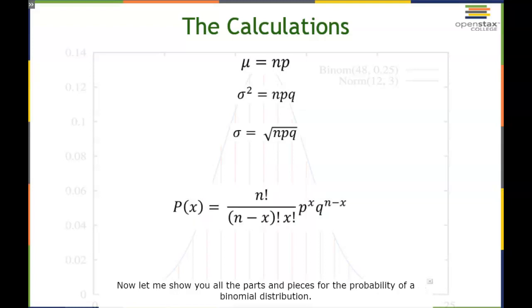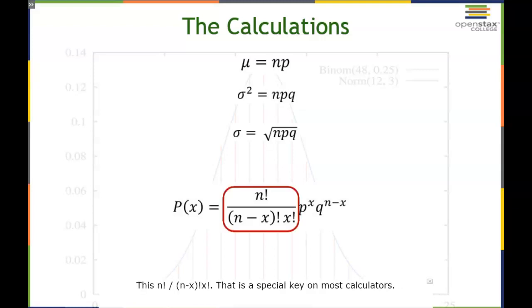Now let me show you all the parts and pieces for the probability of a binomial distribution. We need n, we need x, we need p, and we need q. Now the cool part about this is most calculators have this front part, this n factorial divided by n minus x factorial times x factorial.